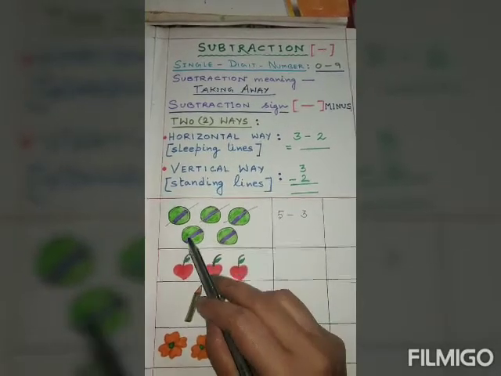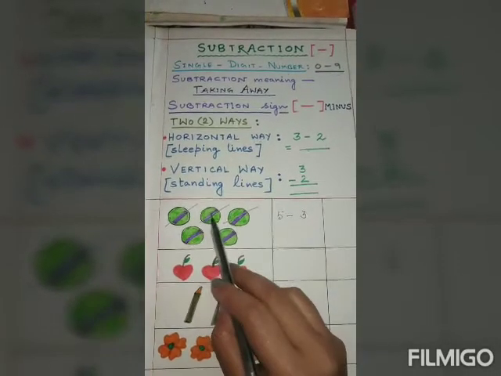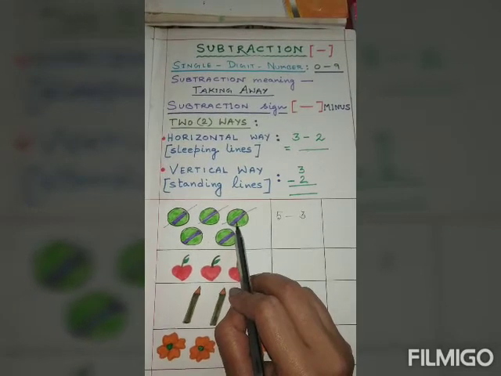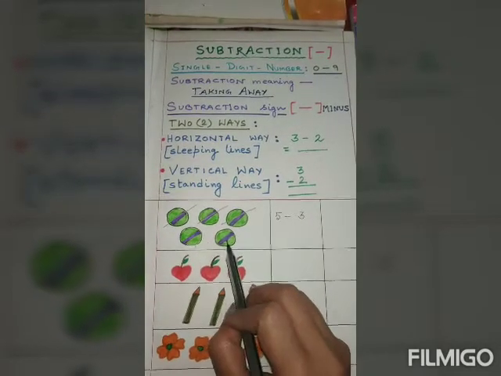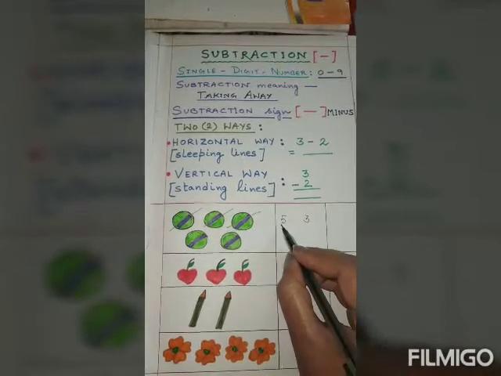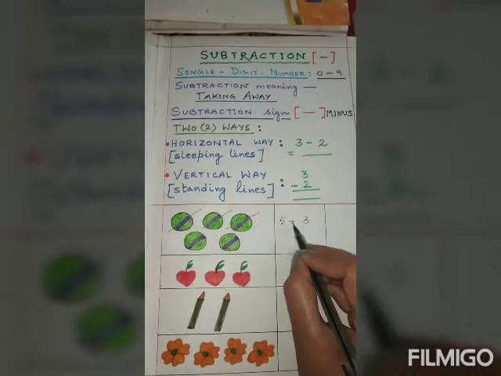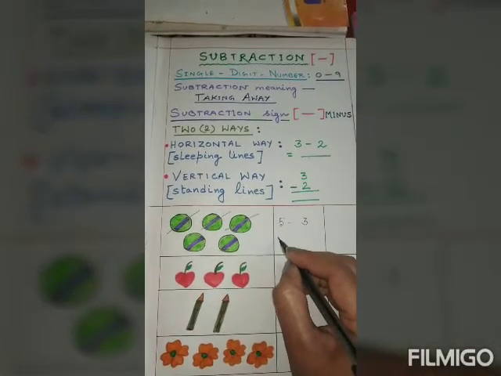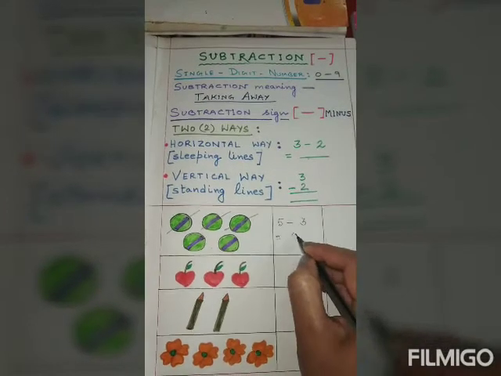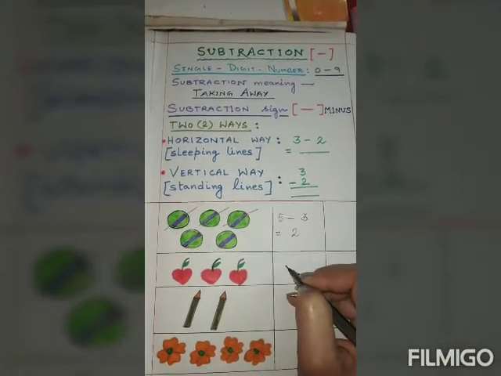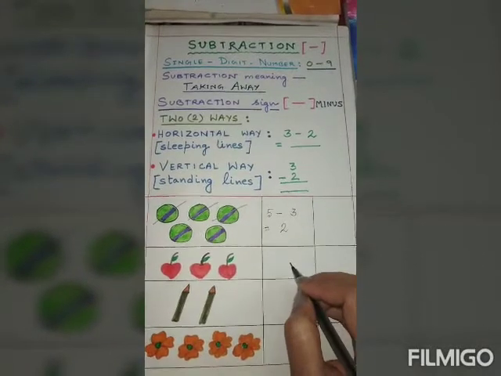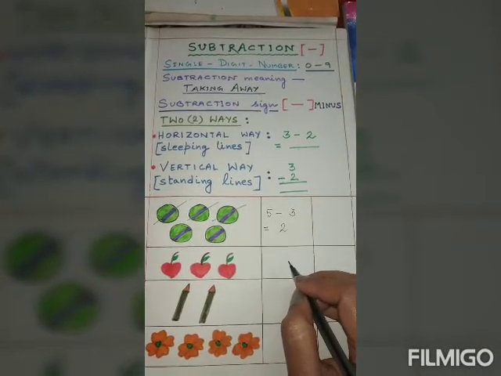From 5 balls, these 3 balls we have already taken away. So 2 balls are left. So 5 minus 3, I have given the minus sign, and we will write here 2. So the answer is 2. We have done this in horizontal way.